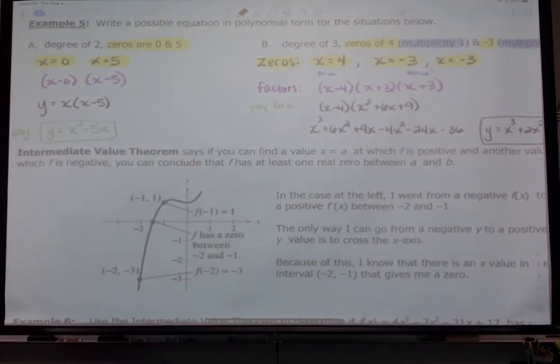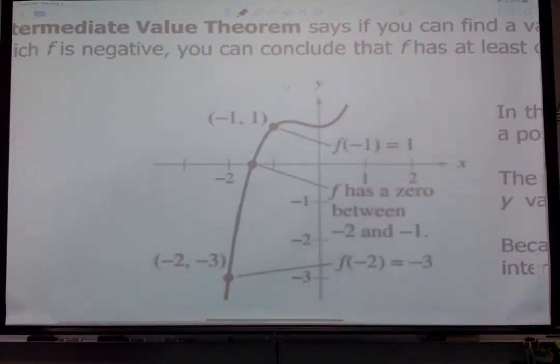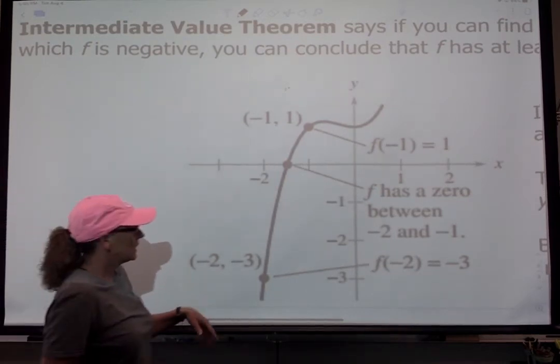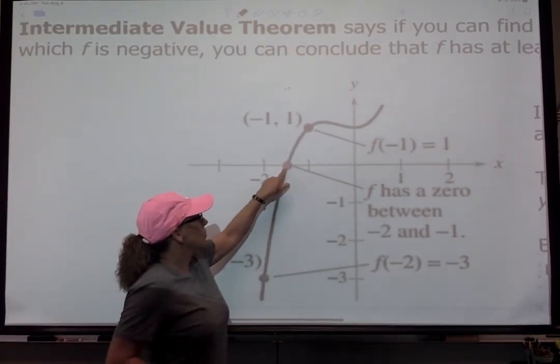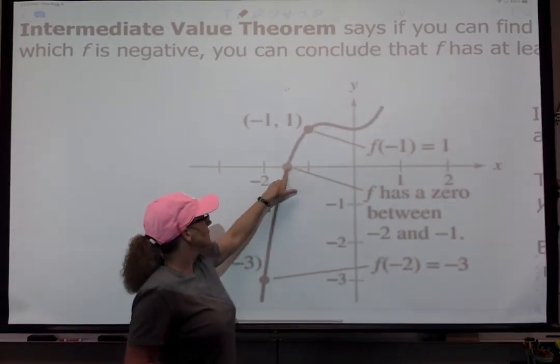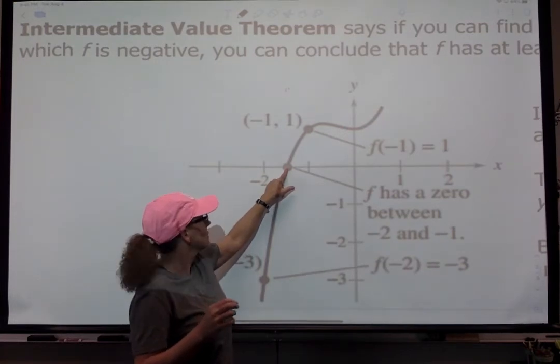Oh, and then we have the intermediate value theorem. This is kind of cool. Let me explain in teacher mode what all those words there say. Okay. Do you all agree that this point right here looks like it might be -1 point something, comma 0?